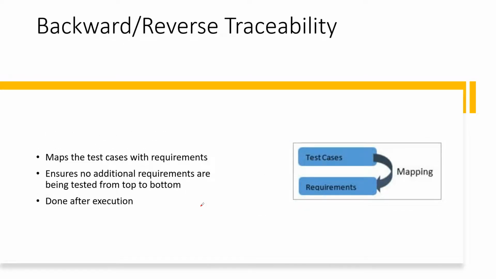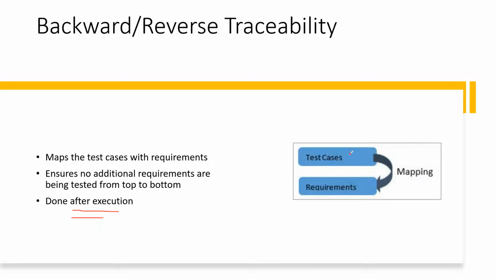Now the next one is backward or reverse. This will be done after execution, because only after execution will you have the defect ID and all. It maps the test cases with the requirement. After execution, we check if all the test cases are executed and mapped to requirements, ensuring nothing additional.